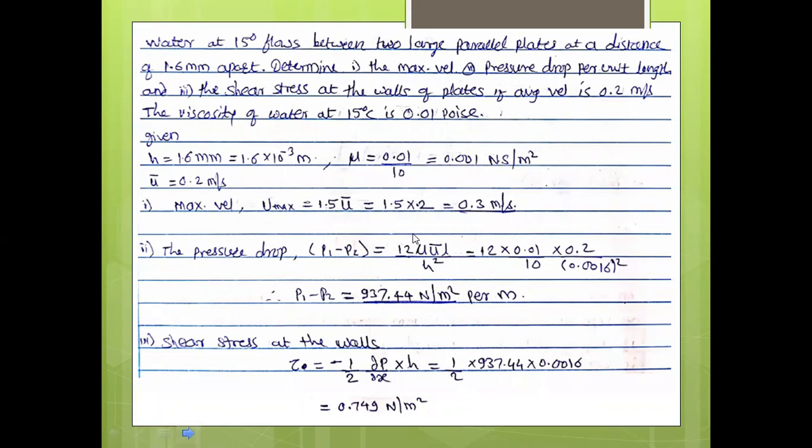So we can write the formula as P1 minus P2.